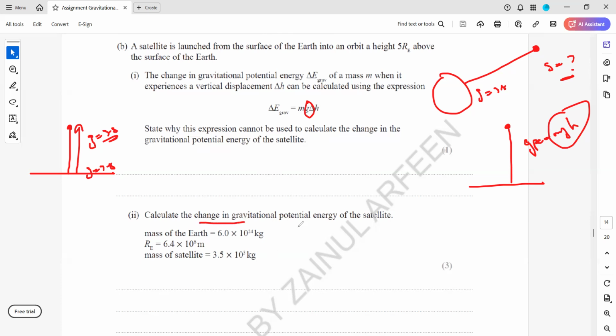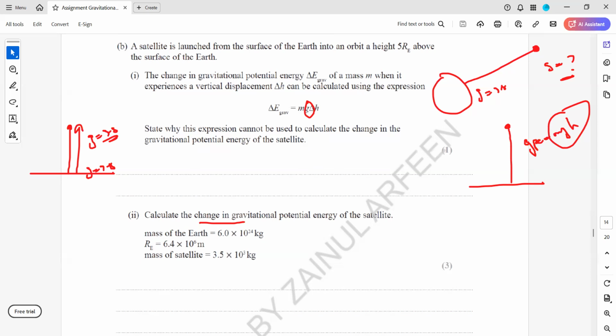Calculate the change in gravitational potential energy for the satellite. How do you work out the change in gravitational potential energy, especially for satellites? You take a difference of the potential.